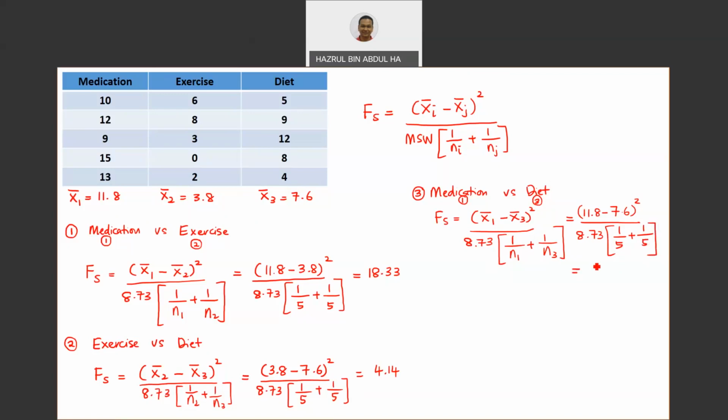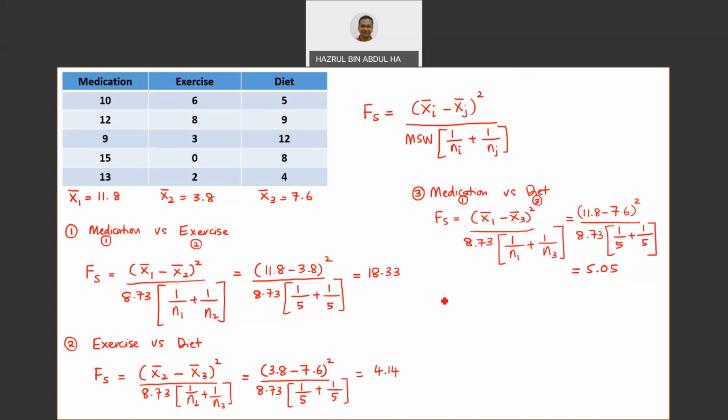So this is equal to 5.05. Now we have considered all the possible combinations for comparison, and these are the test statistics that we have. Now we have to compare with the critical value.